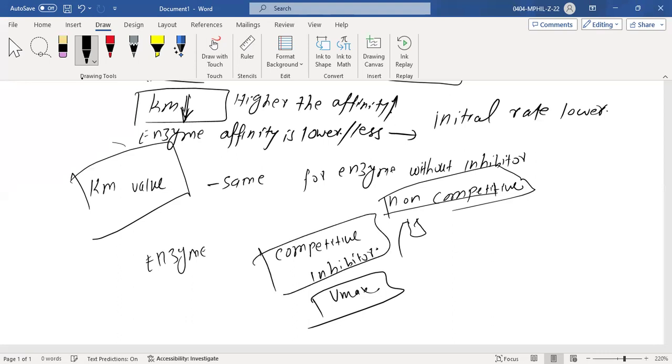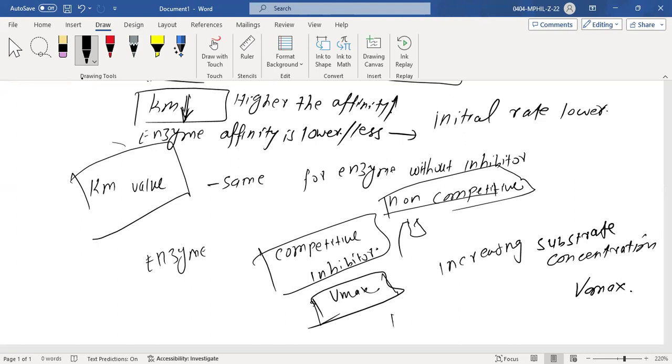If you don't have any inhibitor, then this Vmax will be achieved by increasing the substrate concentration. You have to increase the substrate concentration if you want to get this Vmax, in the case where you don't have any inhibitor.